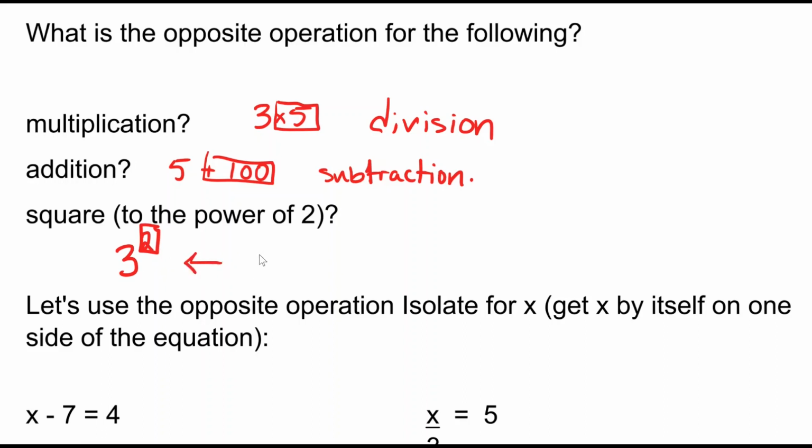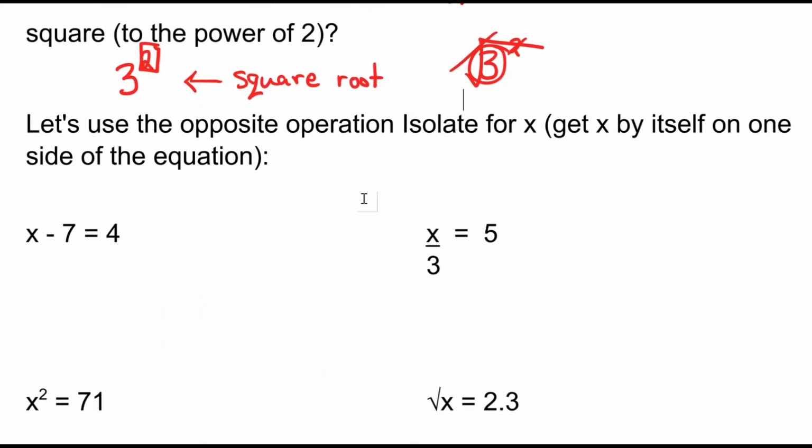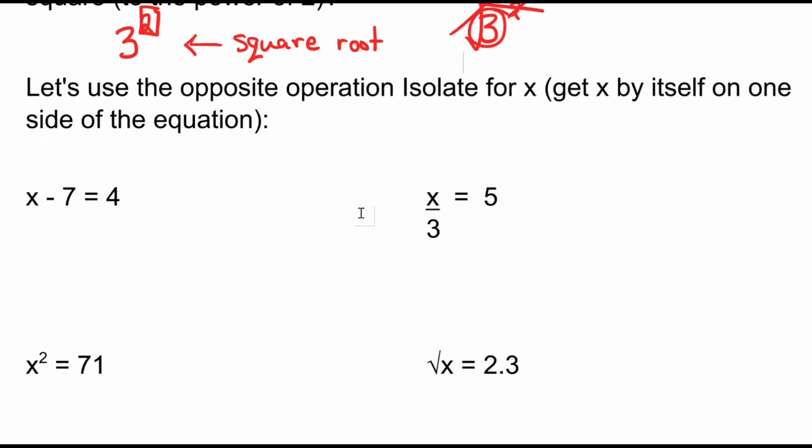Well, some of you got it for sure. That's a square root. So when I go 3 raised to the power 2 and then I square root that, the square and the square root cancel and I'm just left with the 3. So that's going to be important for us to be able to focus on the next set here.